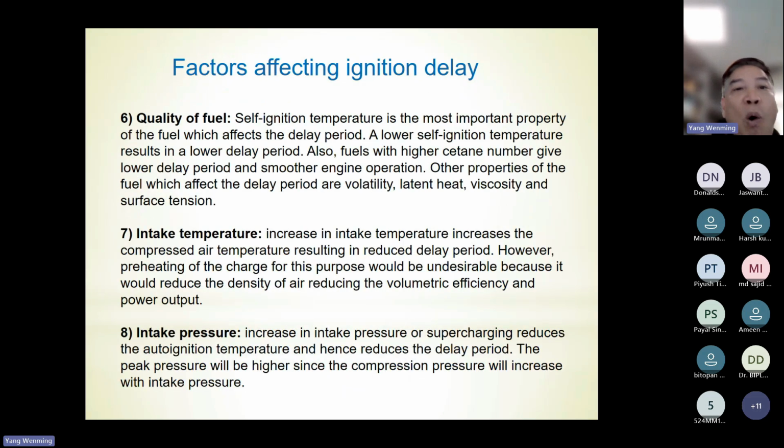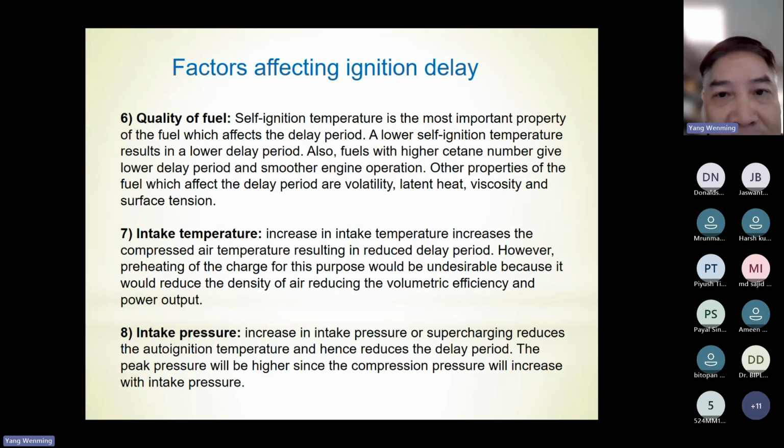Okay, the next one is the quality of fuel. Different fuels have different self-ignition temperatures, correct? For example, for diesel fuel the auto ignition temperature is about 215 degrees, gasoline is about 290, and hydrogen is more than 400 degrees.